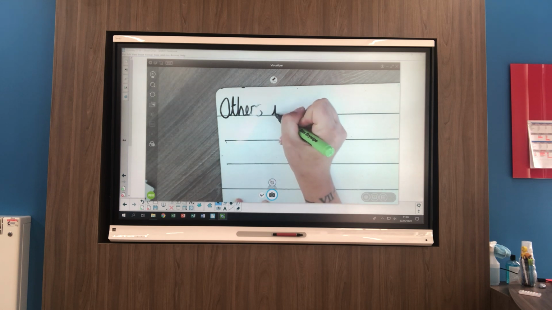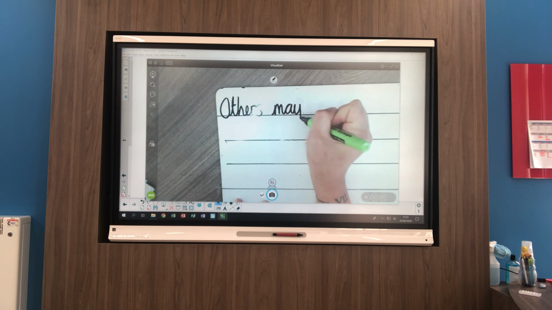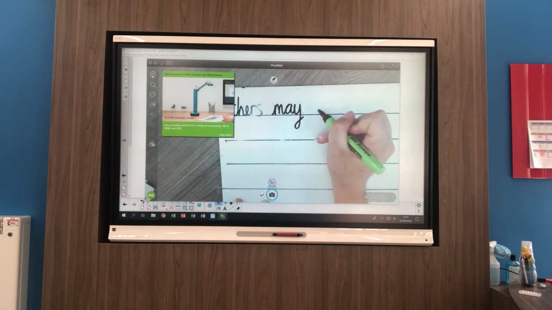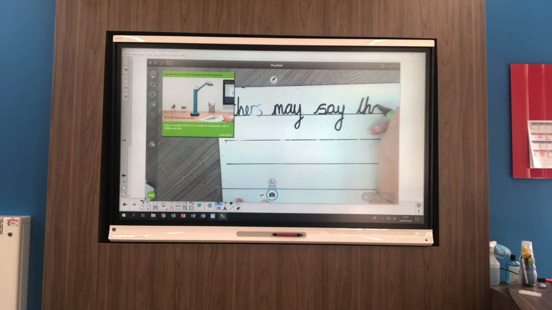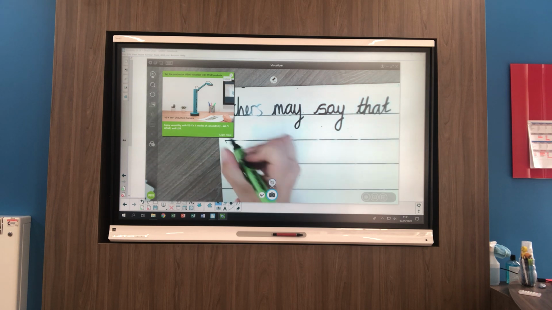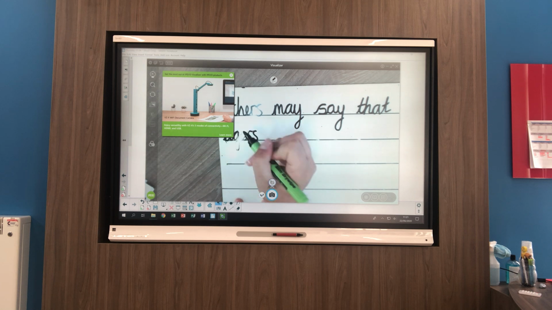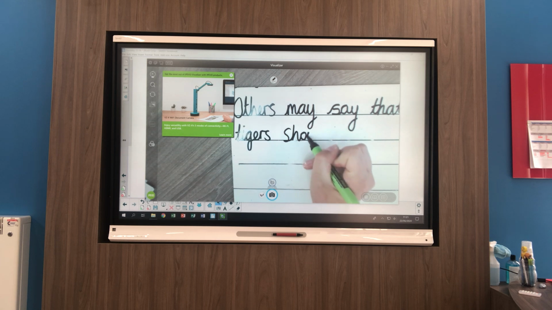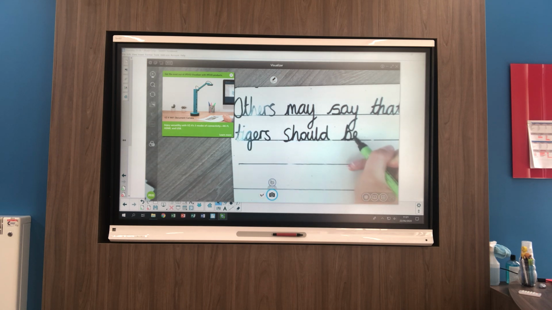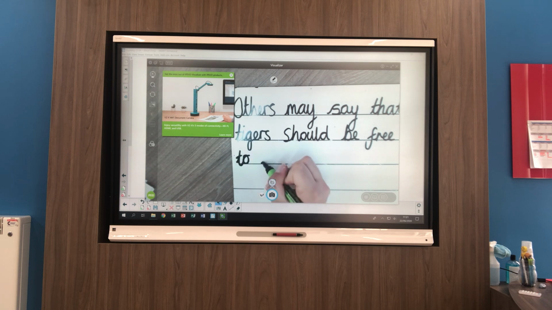Others may, think about my descender with my Y, others may say that tigers, well, this is just going off research that I've had a look at, that tigers, let's move it so you can see, others may say that tigers should be free to run in the wild, because that's where they are.